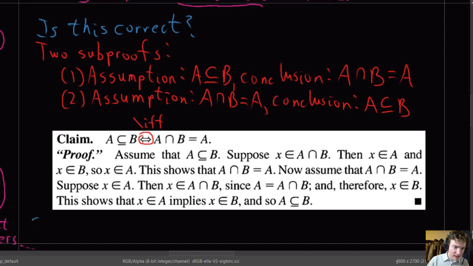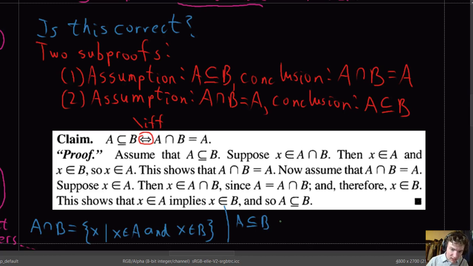The definition of intersection: A intersection B is the set of all x such that x is in A and x is in B. We remember the definition of subset: A subset B means that if x is in A, then x is in B. So those are two definitions that you'll need to remember.